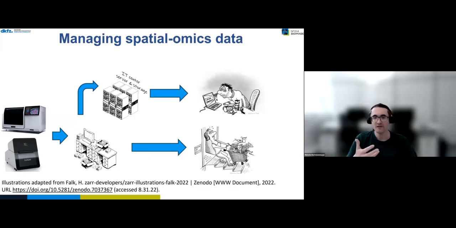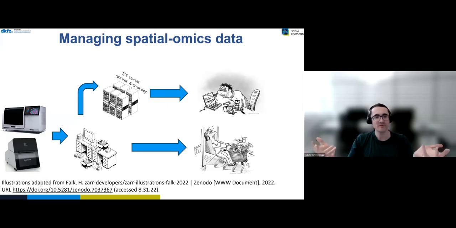Maybe you have an H&E image attached to your data, and you want your pathologist to add some annotation on top, or you want an expert to check: do these cells really look like the cell types that I'm calling? Then it becomes really useful to be able to share the data effectively.